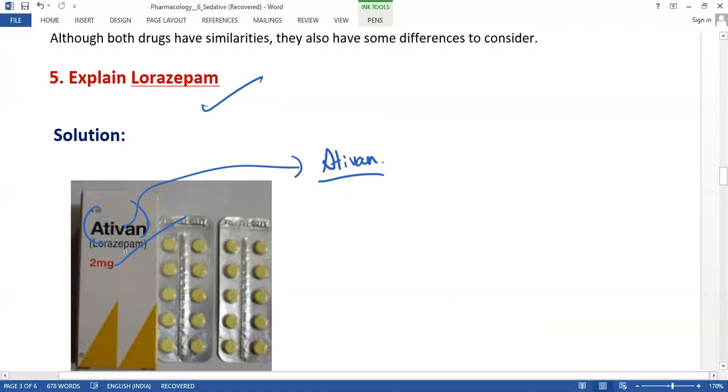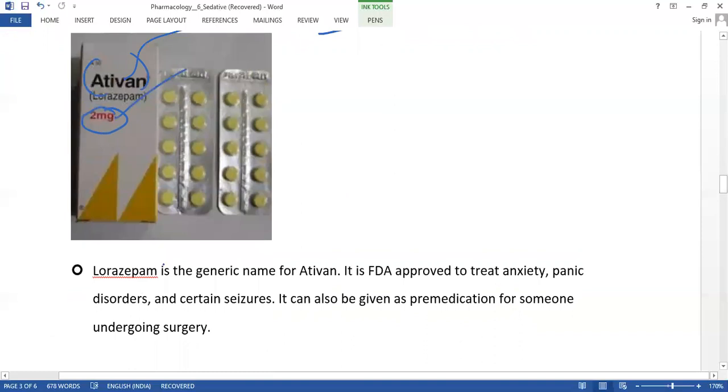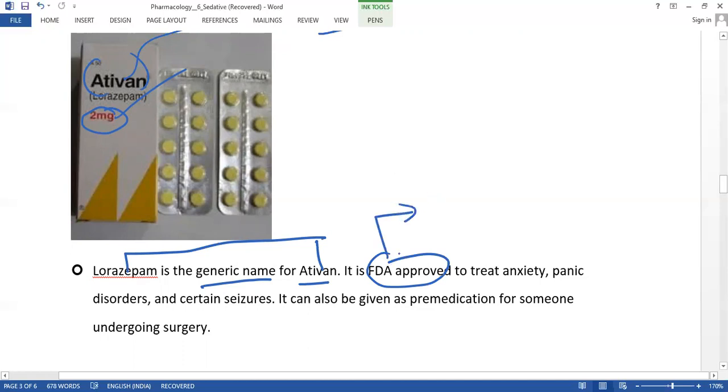As the name indicates, Ativan belongs to the lorazepam group. Lorazepam is the generic name, and Ativan is the brand name. This is the FDA approved one. As I already described in the previous chapter, FDA stands for Food and Drug Administration.